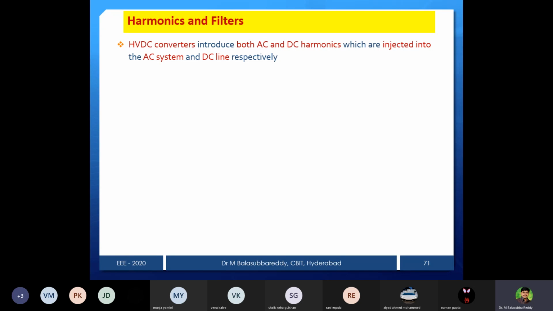So the converter has both AC and DC harmonics, which are injected into the AC side as well as the DC line side.